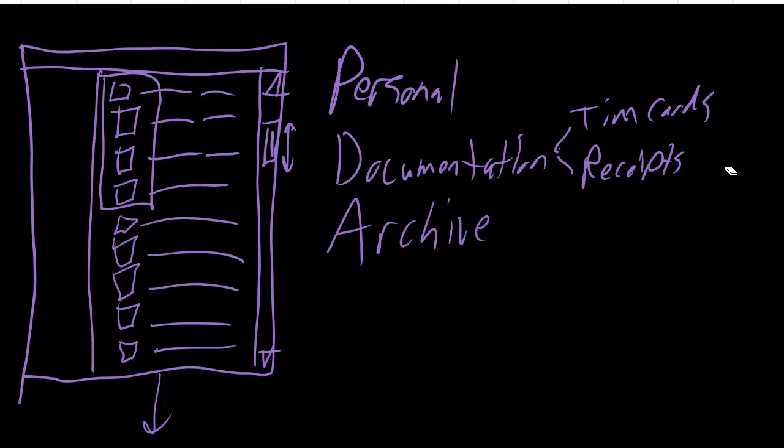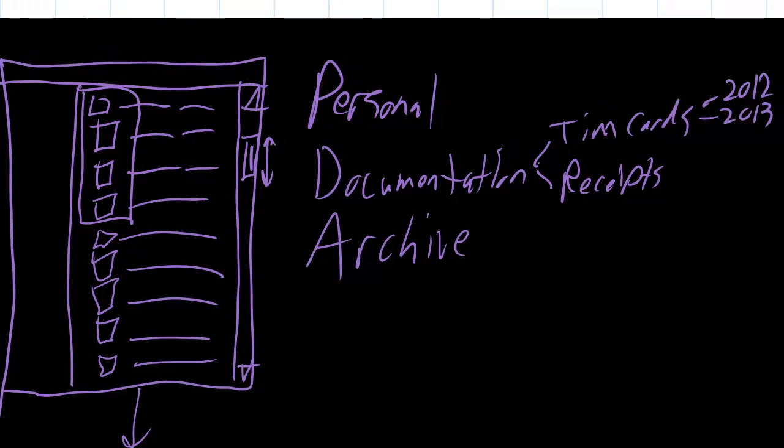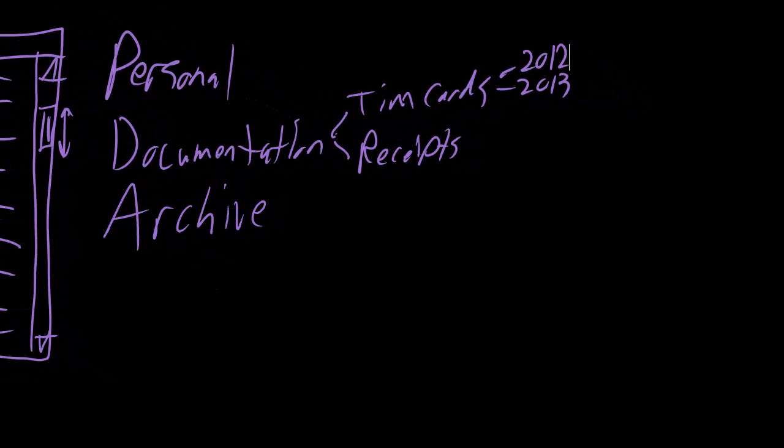The first year I'll have my receipts or my time cards, for example. Well, let's do a 2012 folder and a 2013 folder, so that I only have to look at a small subset at a time, and it's pretty easy to go back and find which time card was on what date. If you have time cards going back to 2011, 2010, 2009, and these are all just sitting in your time card folder, you have what?